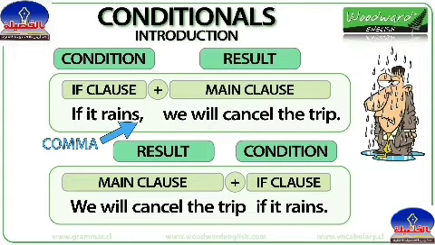When the if clause comes first in the sentence, we put a comma after it. If it rains, comma, we will cancel the trip. But when the main clause comes first in the sentence, the comma is not necessary. We will cancel the trip if it rains. Notice how there is no comma in this last sentence. You can use either order. They are both used and both correct.